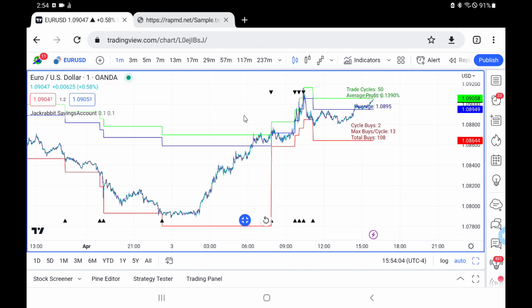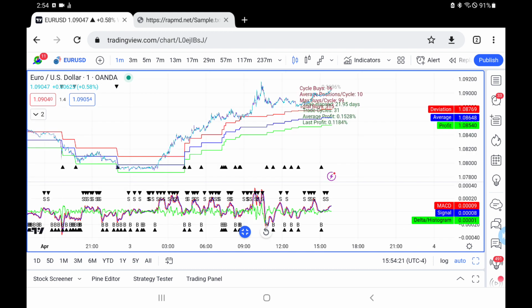So you can easily see within Jackrabbit which direction the algorithm is set up in based upon that very simple situation. If green is on top, it's a long position. If green is on bottom, it's a short position. And you can see here the statistics of that position.